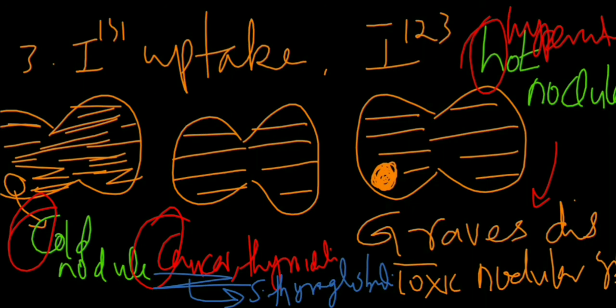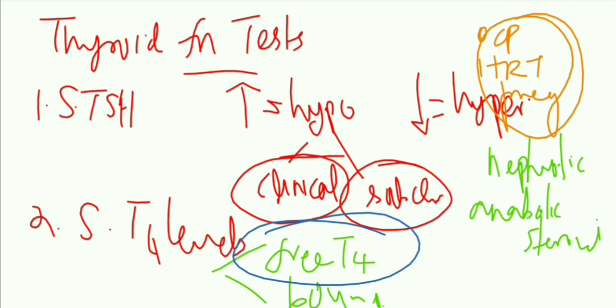What we have discussed is iodine 131 and 123 uptake, hot nodule, cold nodule, the conditions when it is elevated, and you should know about serum thyroglobulin, then serum TSH and serum T4 levels. The good parameter is serum TSH. In serum T4 you should go for free T4. Okay.